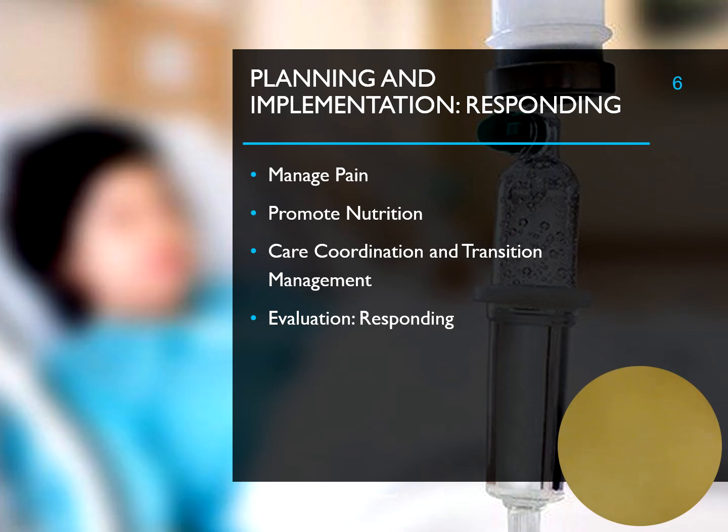It is very important that we promote nutrition. Again, we're going to be keeping these clients NPO and or having a nasogastric tube placed. So nutrition is going to be an issue. So we keep them NPO in the early stages. We're going to provide some antiemetics because nausea is definitely a symptom.